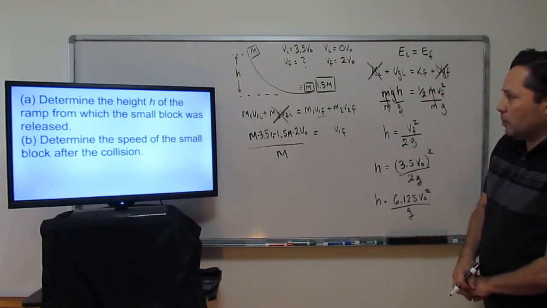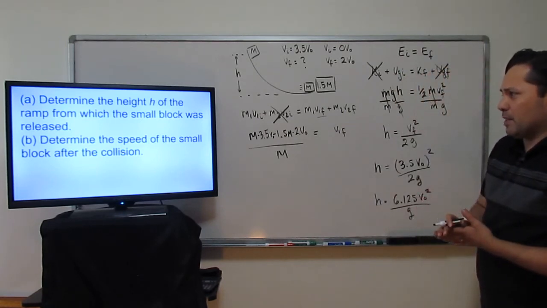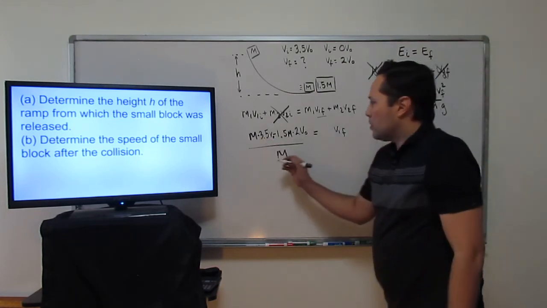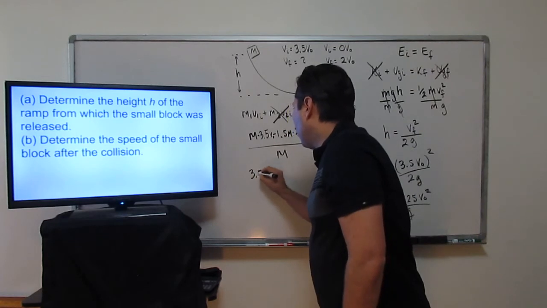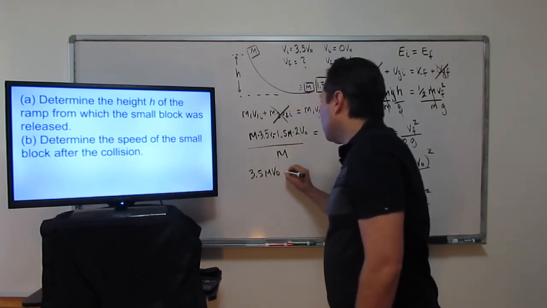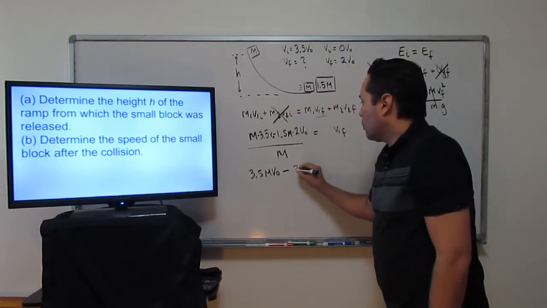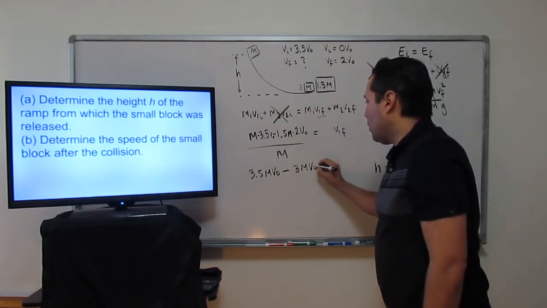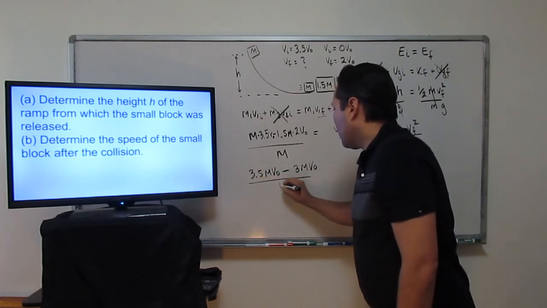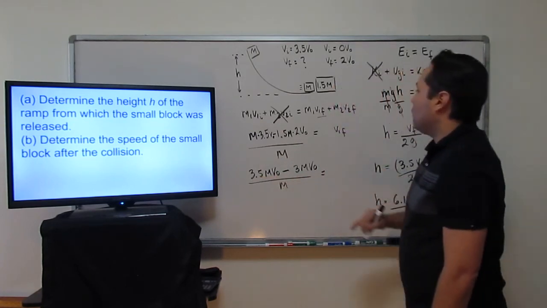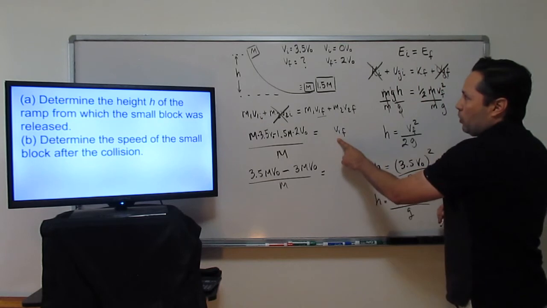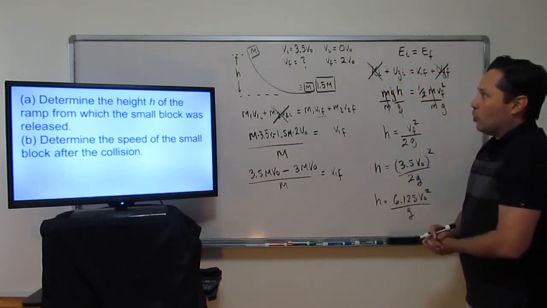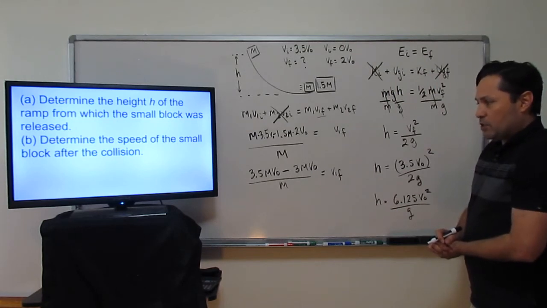Alright, so now, can we simplify this a little bit further? Sure. Let's rewrite it so it looks a little bit better. The first part will be 3.5 MVO minus 3 MVO, because it will be 2 times 1.5 MVO, all over M. And that's going to give us our velocity final for object 1. Can we simplify it further?